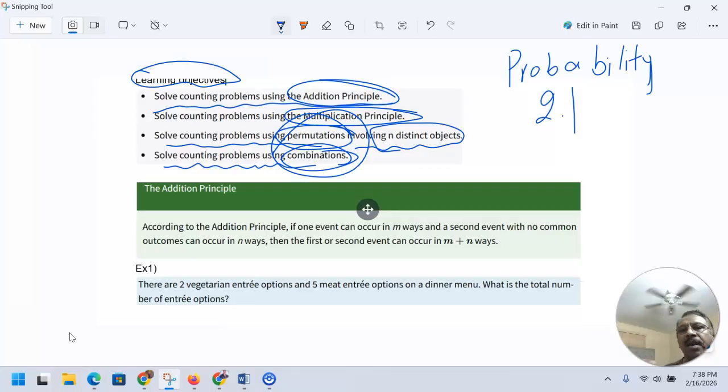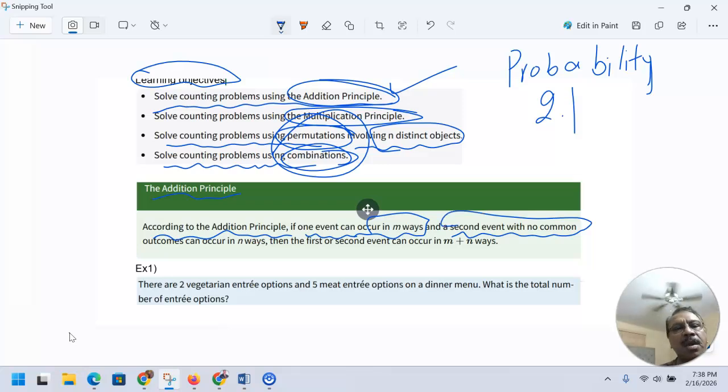I'm going to go straight away to the meaning of the addition principle. So what is the addition principle? According to the addition principle, if one event can occur in m ways and a second event, with no common outcomes, can occur in n ways, then the first or the second event can occur in m plus n ways.